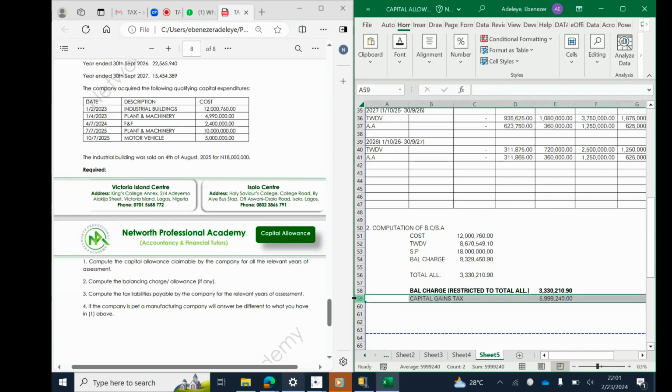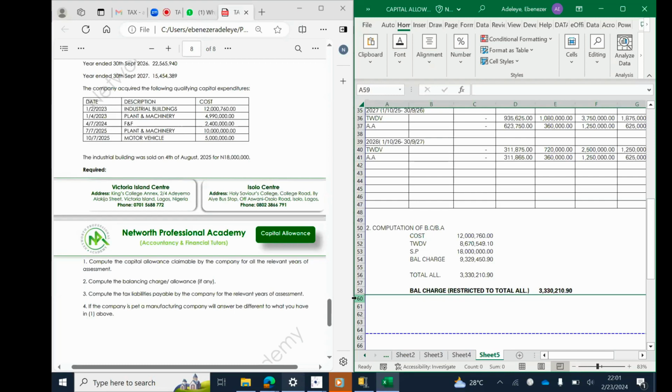Forget about this. This is just what you can give to the examiner in your exam so that the examiner can see that this person knows what they are doing. When we are computing balancing charge, we have seen that it is a gain that the taxpayer made from the sale.